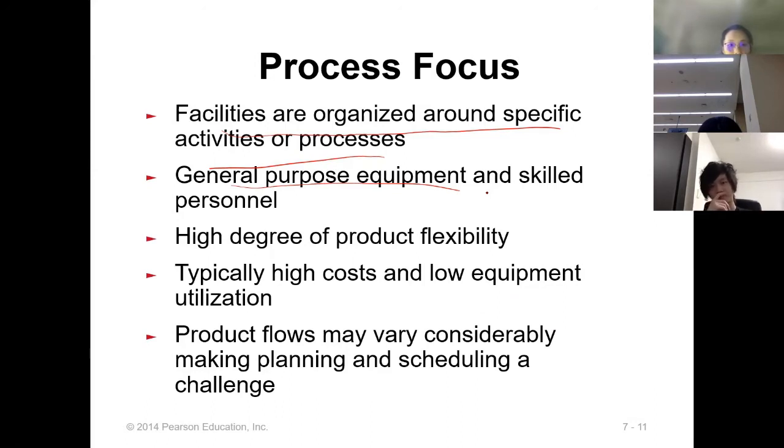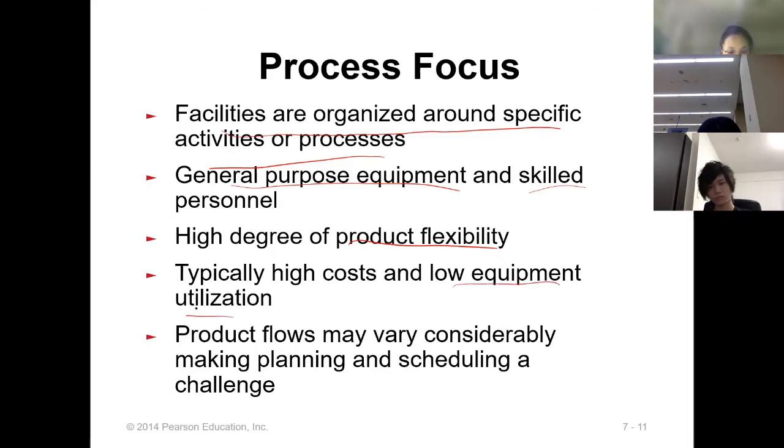So they have general purpose equipment and skilled personnel, and a high degree of product flexibility. There are so many different kinds of products. So scheduling is very difficult in process focus. And typically high cost and low equipment utilization, because the equipment is not fully utilized.